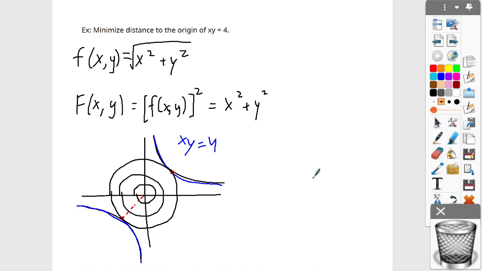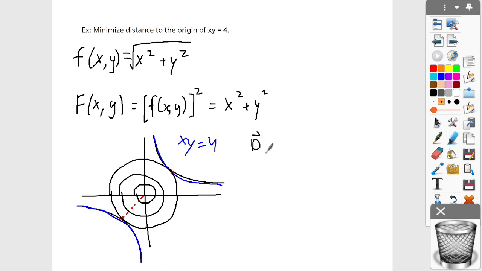Why? Because you're moving along a level curve. Level curves means your z value, your f value, is going to stay the same. So if you're moving in a direction where your value stays the same, then you're not changing. So the slope is not changing, the derivative is 0. Now if you go completely opposite to that, actually first of all let's do the directional derivative.